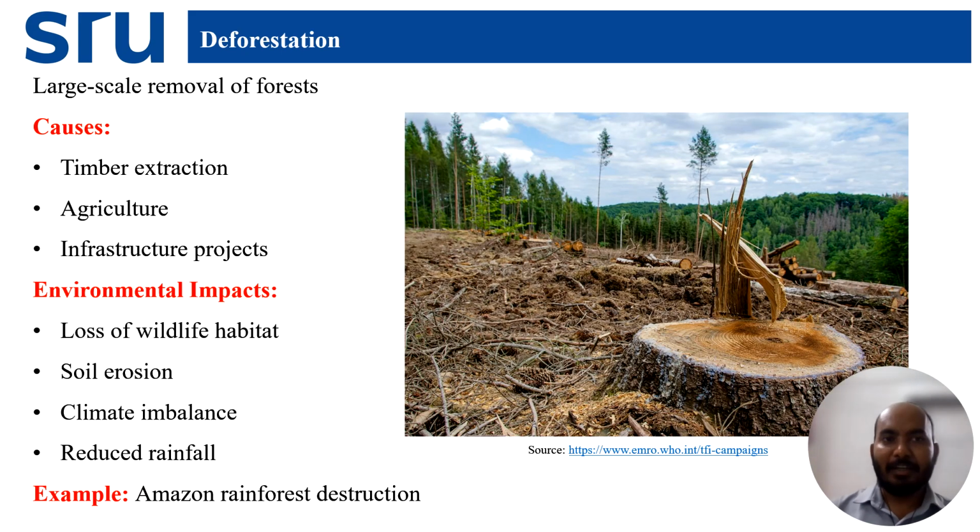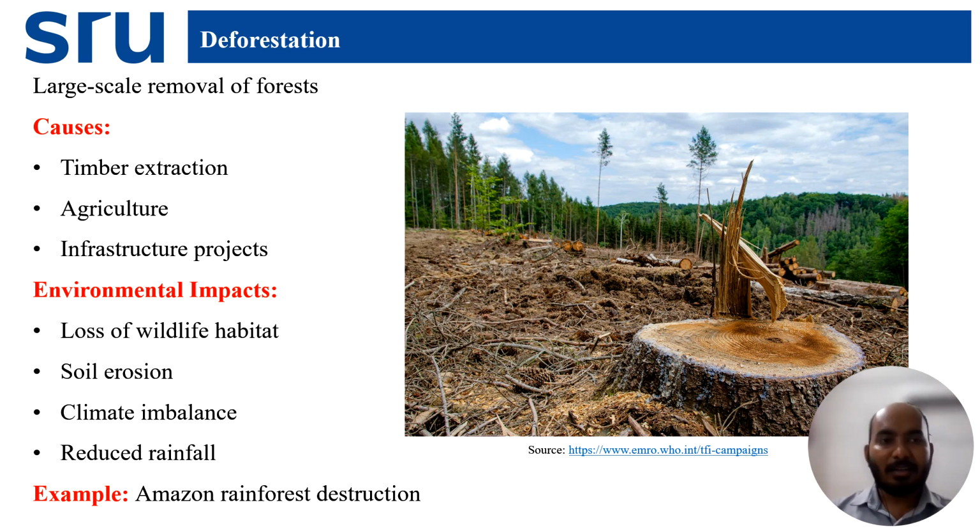So next one is related to deforestation. Deforestation refers to large-scale removal of forest. The major causes are timber extraction, agriculture, and infrastructure projects. Right. The environmental impacts are loss of wildlife habitat, soil erosion, climatic imbalance, followed by reduced rainfall.